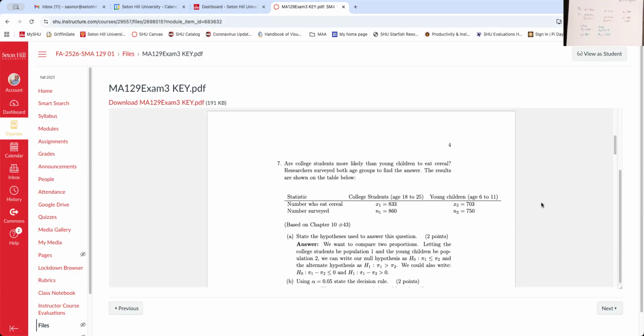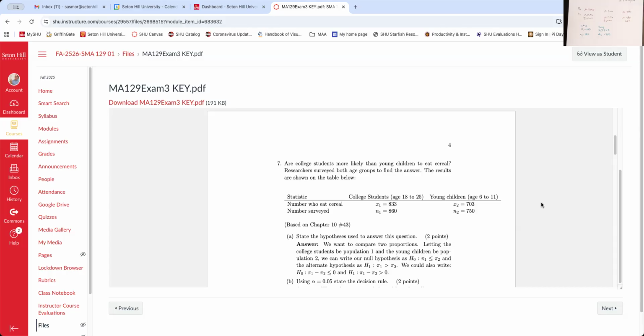So if alpha is 0.05 and a one-tail test, and not just any one tail, a right tail, I want to know if it's bigger than, right? So I'm going to reject when I'm above that 95% number. This 95% number for z's is one of the numbers I know. It's 1.645, not 1.96. Okay, so that's the one.